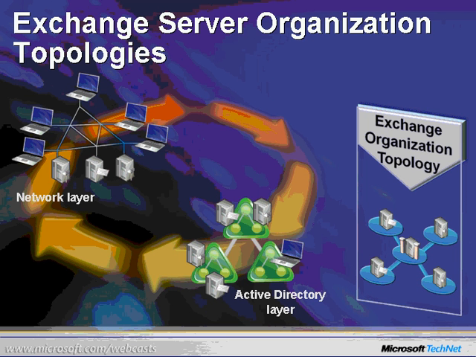So when you look at that topology, it's taking a look at your network layer and your AD layer and how they all interact, and making sure that you design your server placements based on high bandwidth or low bandwidth and your clients that you're going to use, so that everything meshes together nicely. Right? If you're going to have a lot of public folders and you're going to replicate the public folders, well then you need to understand the latency between replication of those public folders.